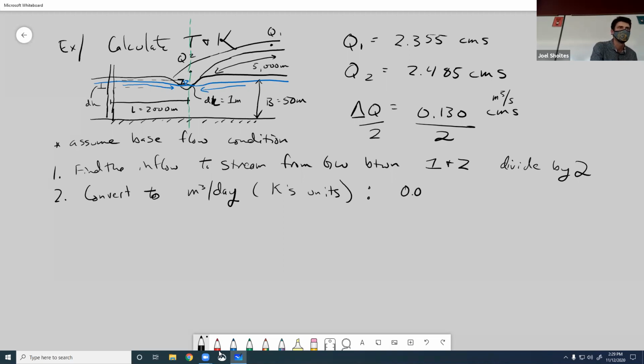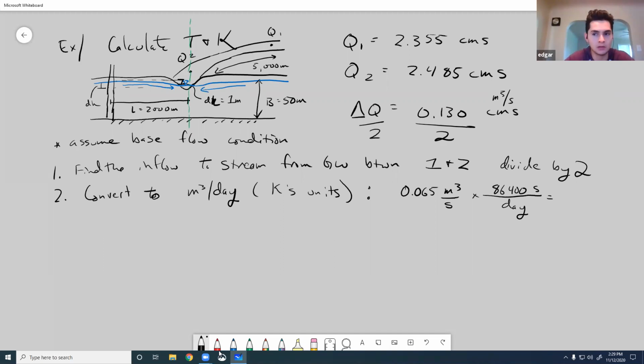So 0.065 meters cubed per second times 86,400 seconds per day is equal to, I got 5,616. 5,616 cubic meters per day. Thank you, Edgar.